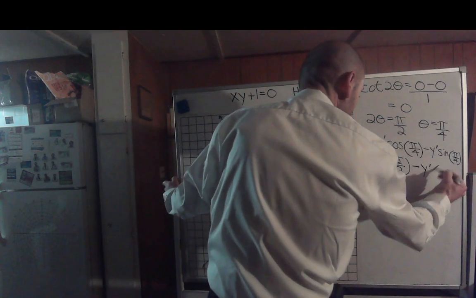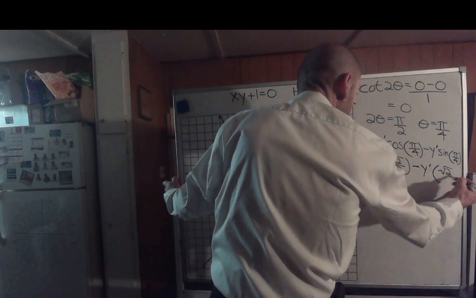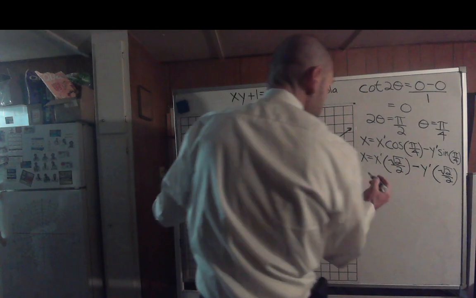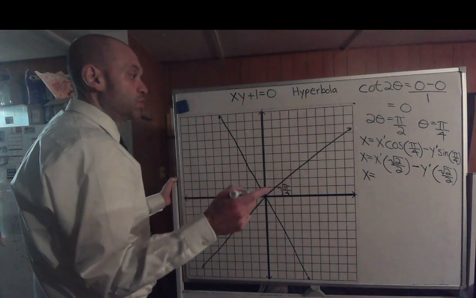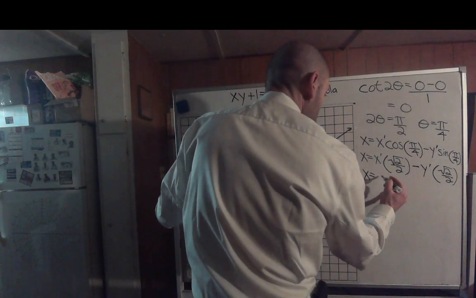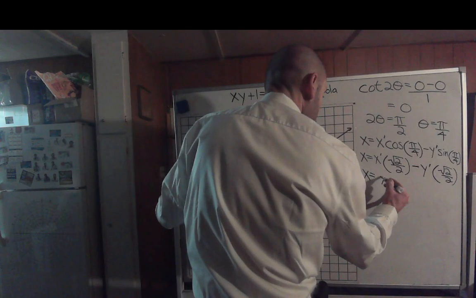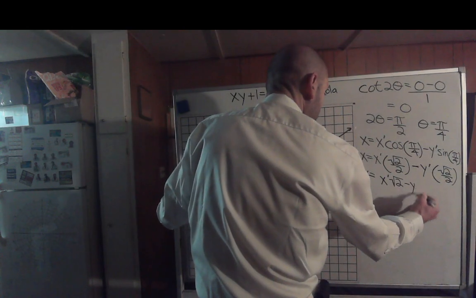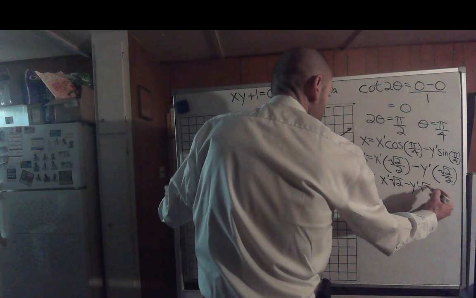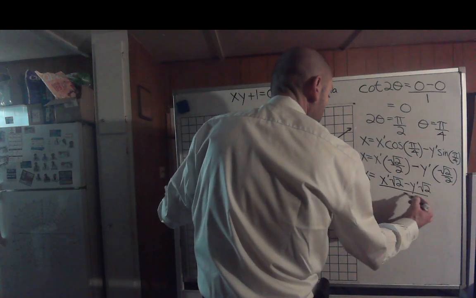That's also the square root of 2 over 2. So in short, you could say that x is equal to x prime times the square root of 2 minus y prime times the square root of 2 over 2.